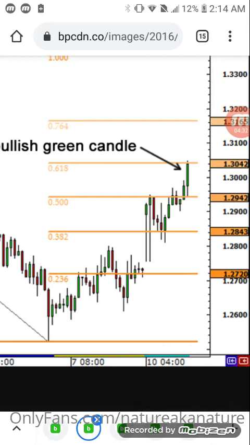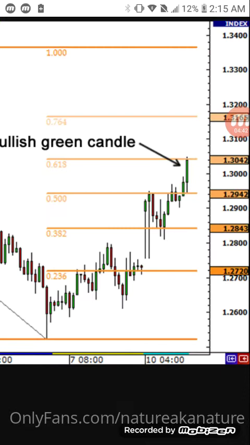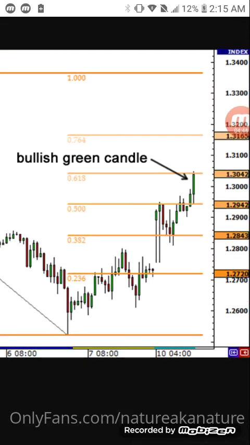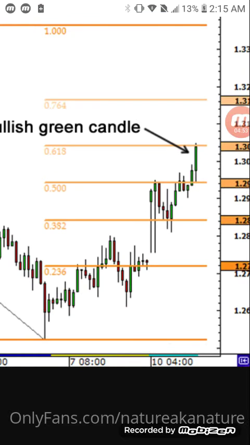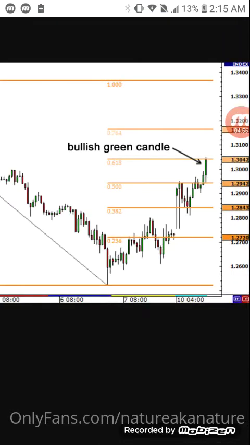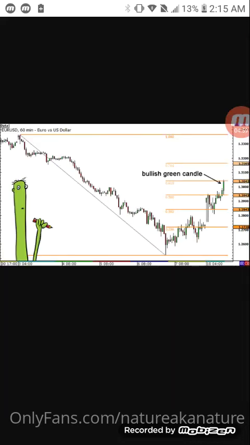When you see a very bullish green candle like this, it means that buyers are in complete control. On a 1 hour, 4 hour, or even a daily, price can definitely keep heading in that direction, because it's a very bullish green candle.